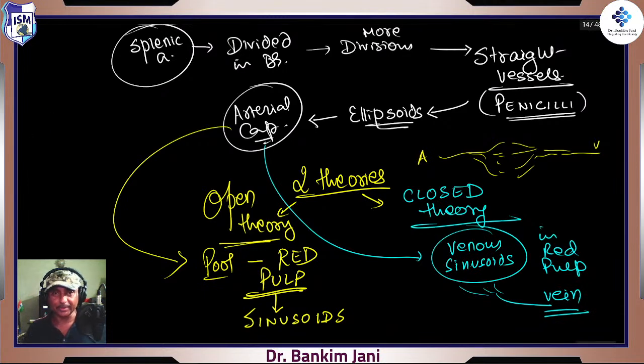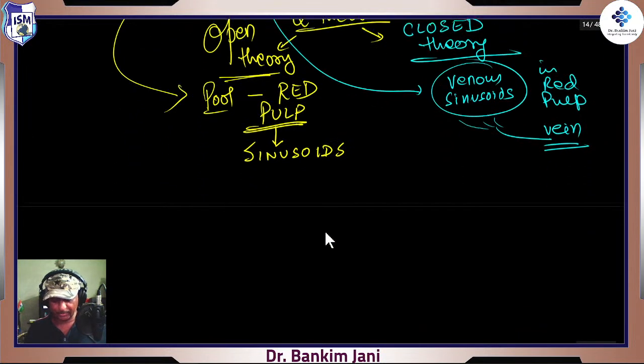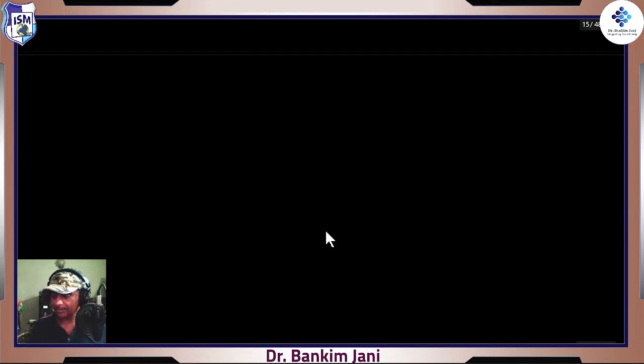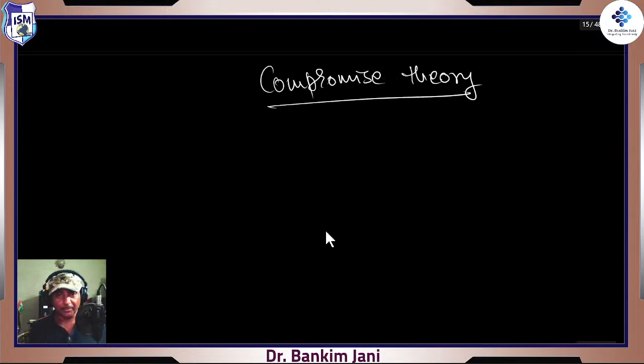The interesting part is that they are not fighting. No problems. And that is what is called as the compromise theory. How interesting. Right? Compromise theory. That when the spleen is distended, so then let's put the open theory.